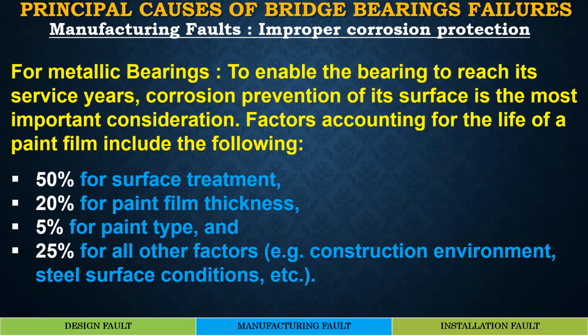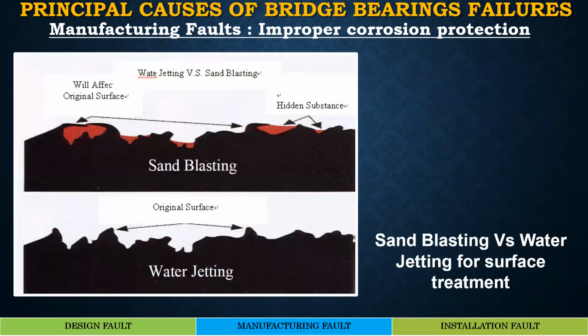Just to give you an example, sandblasting is what is conventionally done as a surface treatment for the metallic parts, but the recent trend is to provide water jetting, which is far too good, and in fact it is a better proposition than the sandblasting.